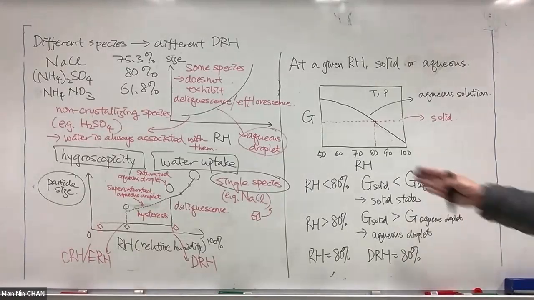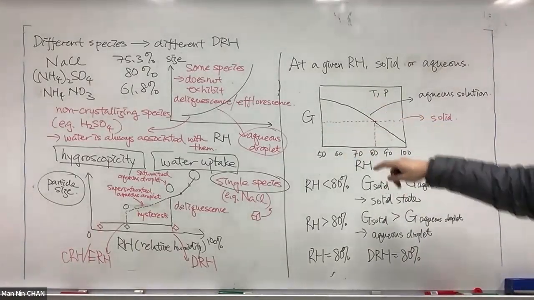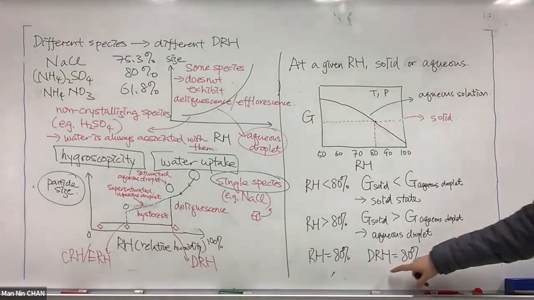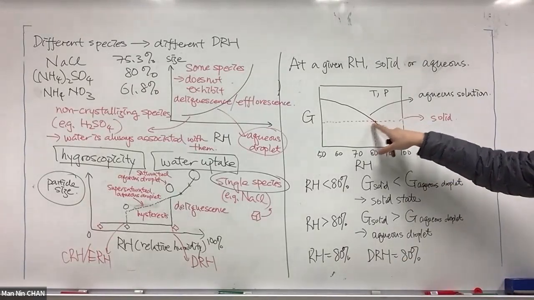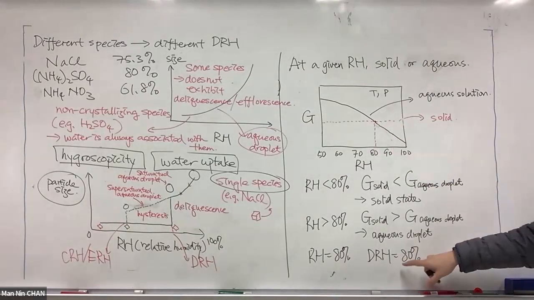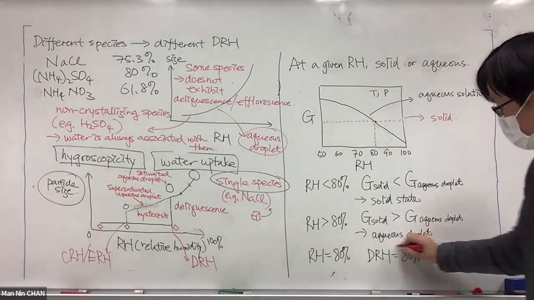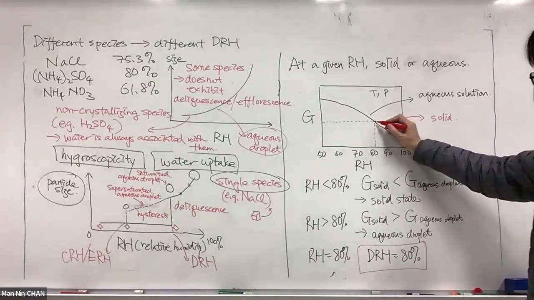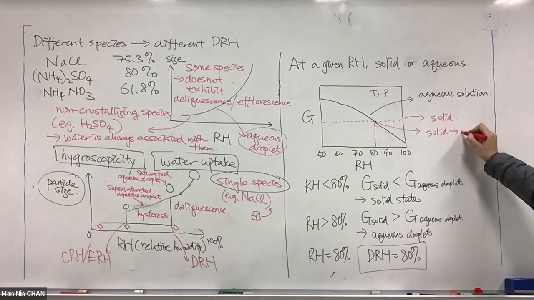In case you know the Gibbs energy of the system at different states, you can calculate, and this is the intersection point. This is the transition from solid to liquid. So this is what we talked about as deliquescence. This point is where you have the solid and the aqueous droplet.